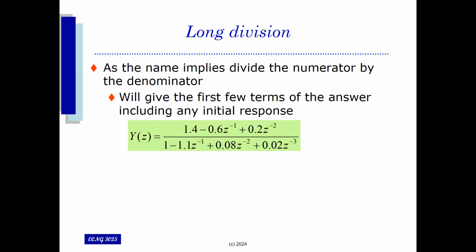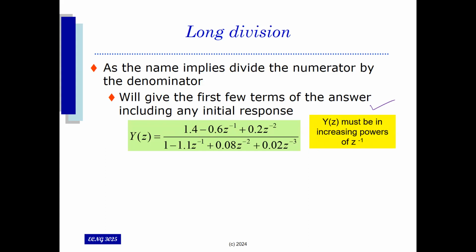All right, so the 3 techniques, just quickly, the long division. If you want to find out the first few terms of the response of a discrete time transfer function, then this approach, where you divide the numerator by the denominator, quickly gives you what the first couple of values look like. You must put the transfer function in the form where you have increasing powers of z to the minus 1.